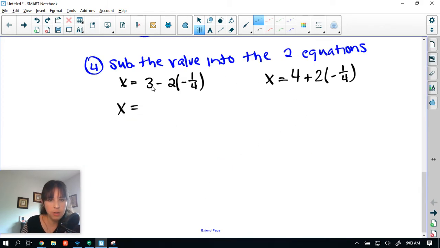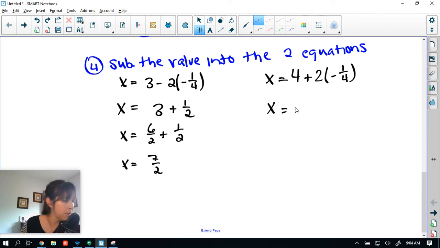So x is going to equal 3 plus, because the negative times a negative is a positive, 2 divided by 4 is 1/2. This is going to be x, so I'll continue on this one. x is equal to 6/2 plus 1/2. So what I did there is so that I could add across, I got the same denominator. So x equals 7/2.